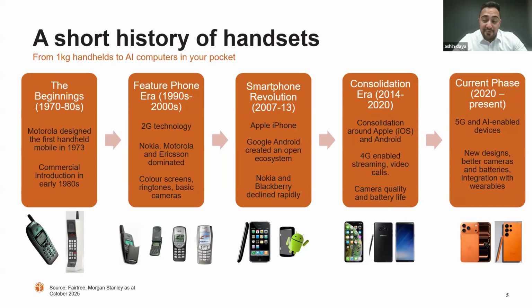This phone weighed more than 1 kilogram and could only produce analog voice calls. And then we had continuous innovation into the late 90s and early 2000s, where we had 2G technology for the first time, which meant that users could partake in digital voice calling as well as short messages or SMSs.